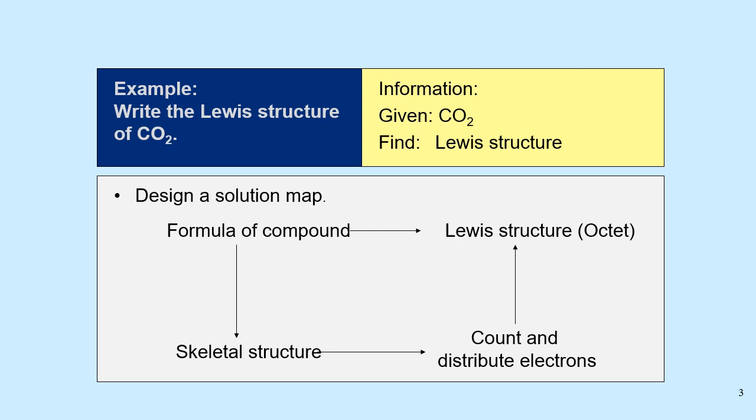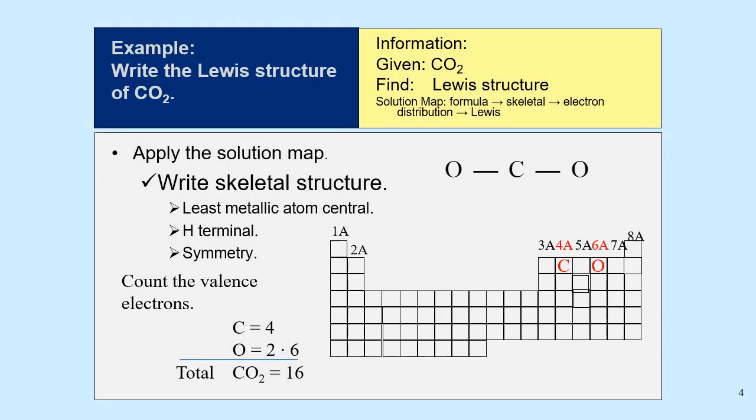The first step is the skeletal structure, so C O O. Then we need to count and distribute electrons: carbon has how many valence electrons, oxygen has how many valence electrons. Finally, we can identify the Lewis structure, which is octet one.